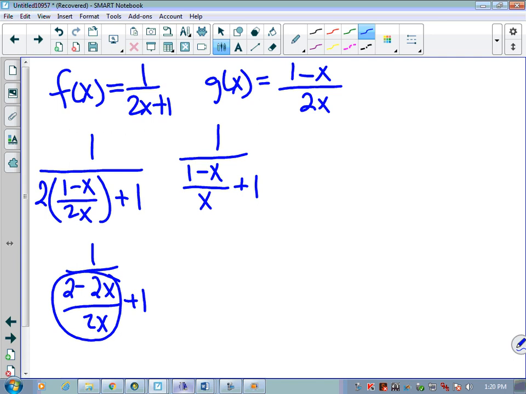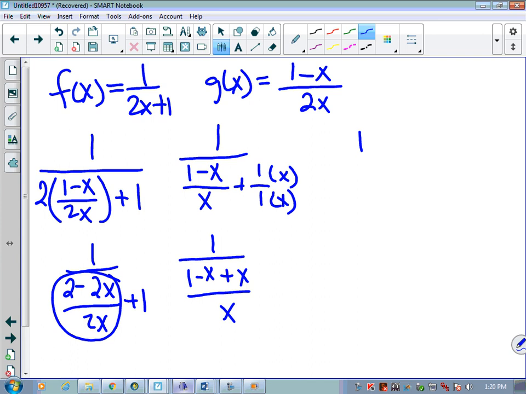Now what I have is two sets of fractions I'm trying to add together. So I can multiply this 1 over 1 times x over x to get a common denominator. So I've got 1 over 1 minus x plus x all over x. So if you'll notice in here, my x's are going to end up canceling out.